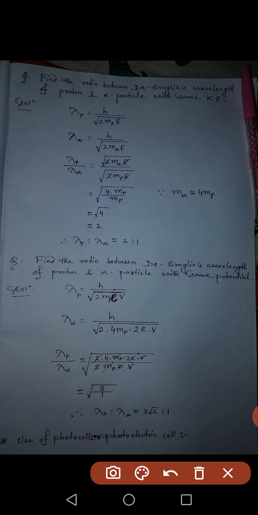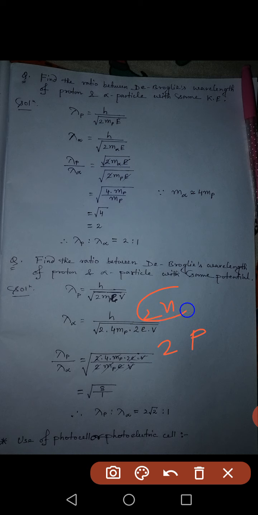Now for alpha particle, h will remain the same. In place of mp, we will write 4 mp, that is m alpha, which means 4 mp. Fine, this much is alright. Now in place of e I have written 2e, because I just told you that alpha particle is a combination of 2 neutrons and 2 protons.